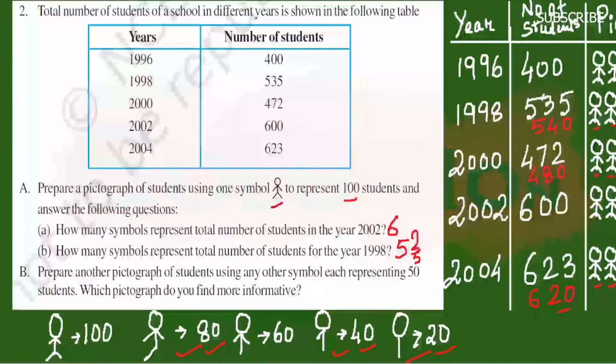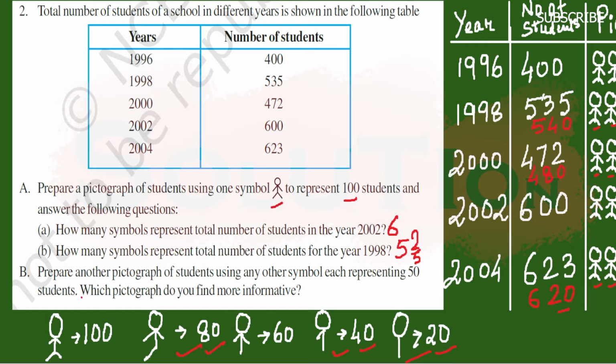And then the last question is, prepare another pictograph of students using any other symbol, each representing 50 students. Which pictograph do you find more informative, or which is giving exact information with less amount of error?